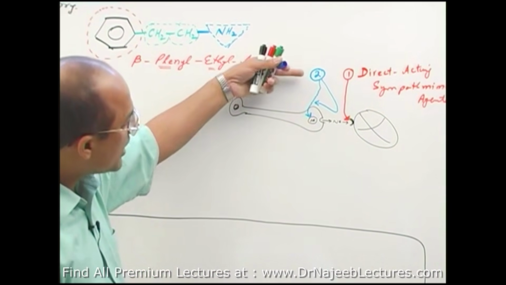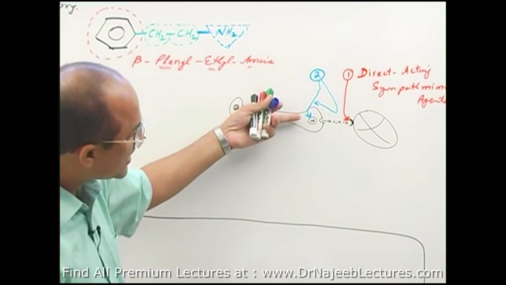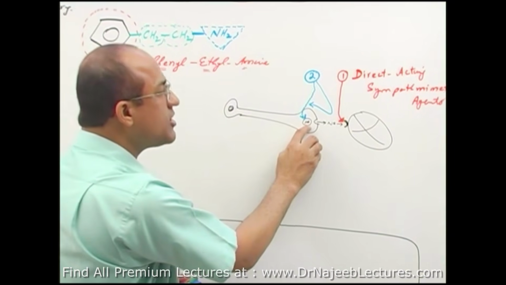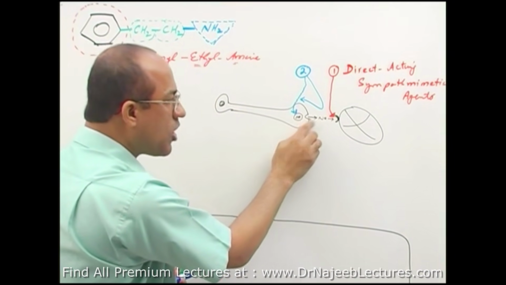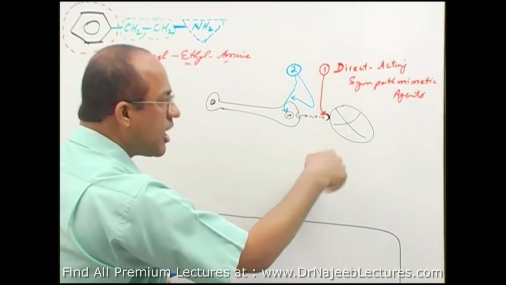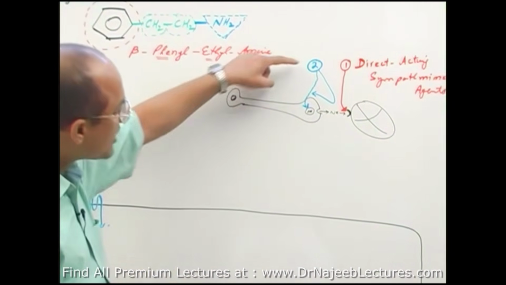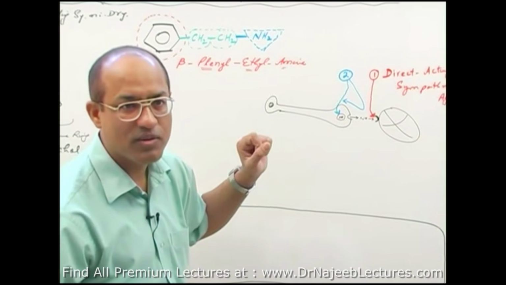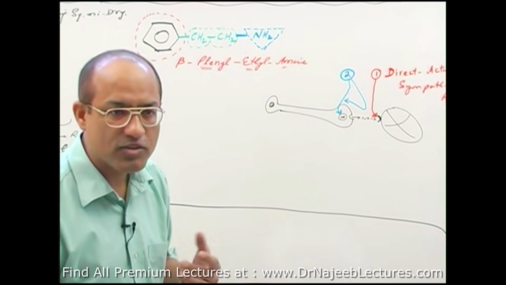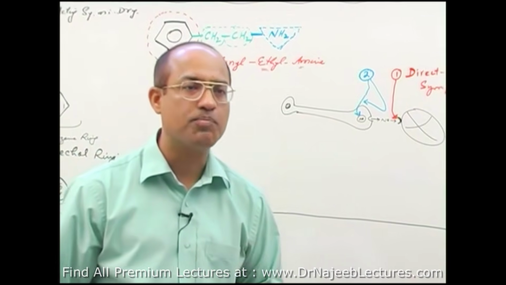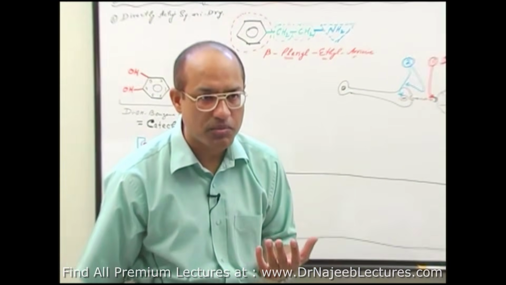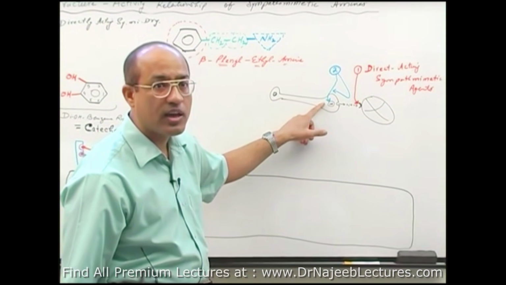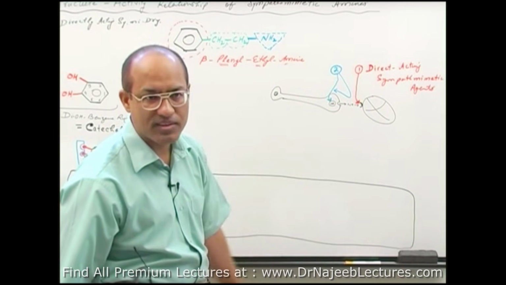Of course, this increasingly released norepinephrine will also act on the receptor and produce sympathomimetic action. But such drugs are said to be indirectly acting sympathomimetic drugs. What are indirectly acting sympathomimetic drugs? They are those sympathomimetic drugs which enter into sympathetic nerve endings and increase the release of endogenous catecholamines.